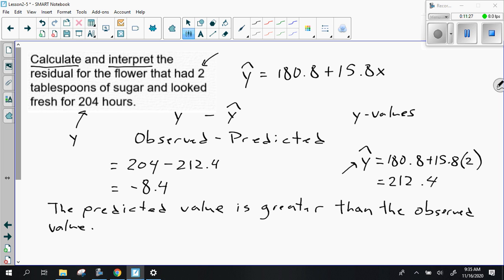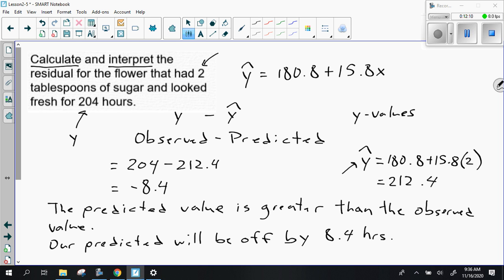What that means is that we actually predict a flower to last longer with 2 tablespoons than we actually observed. So in other words, we could say that our predicted value will be off by 8.4 hours. Excellent.